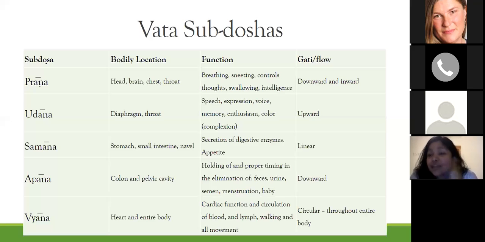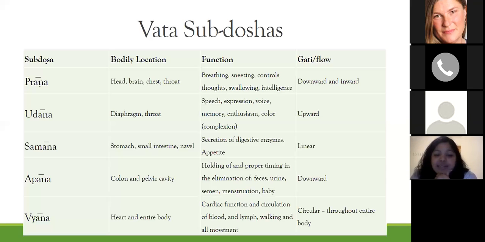The regulation of the amount of complexion or color that comes out in certain parts of the face or certain parts of the body is done by the udana vata. And the flow of udana vata is upwards. In looking at speech, of course, it starts at the diaphragm and it goes up, and that's how it produces sound. So therefore, the flow is upwards.